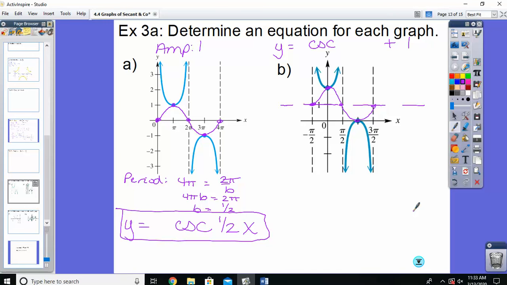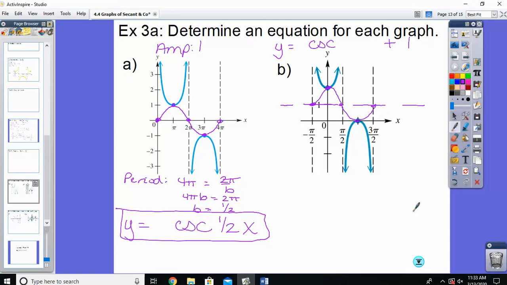What we do have going on, though, is when I go to look at my period, this graph didn't start at 0. So the period is a little more complicated. If your graph doesn't start at 0, probably the easiest option is to work backwards from the interval. You know, when we move left or right, we set up an interval.